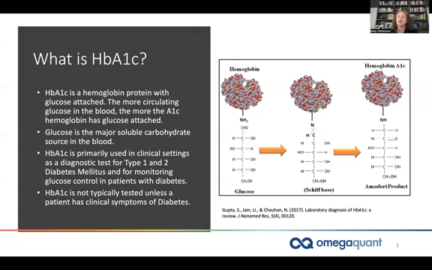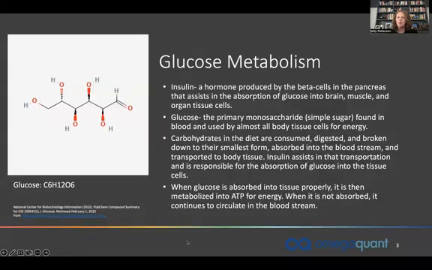Typically this test isn't used in traditional medical settings without someone being of concern for diabetes, maybe someone who's showing outward signs of potentially elevated glucose. So that's where it's traditionally been used. But we are encouraging the use of this for hopefully the prevention of diabetes, but also just for general health monitoring as well.